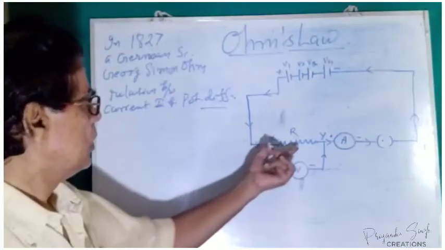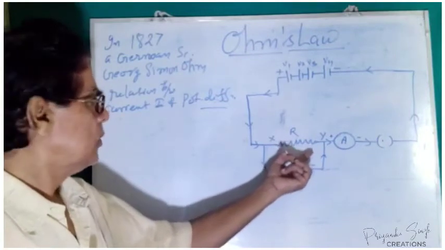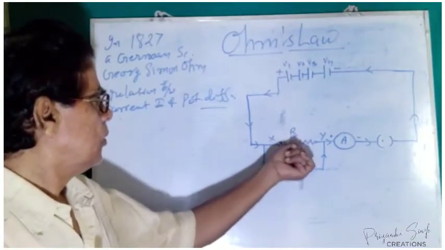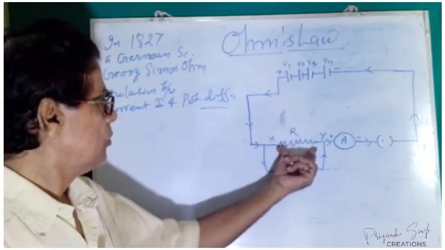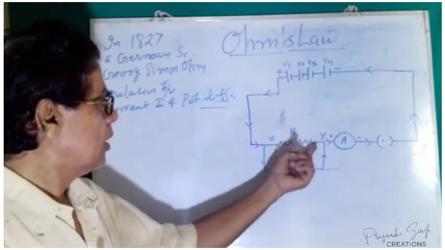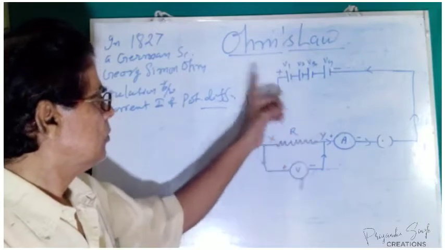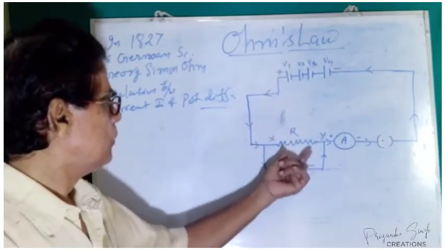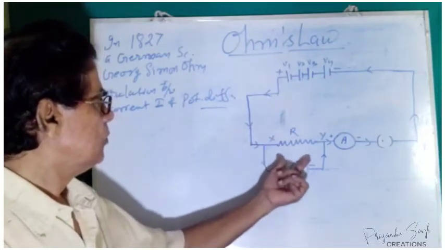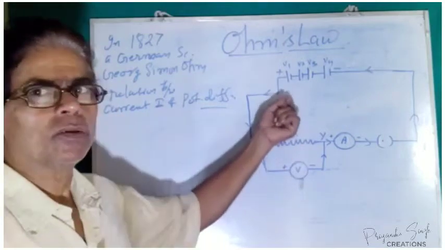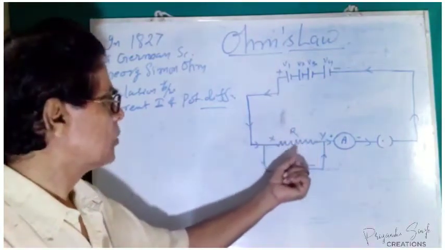We want to measure the current strength corresponding to the given potential difference between the terminals of the wire.